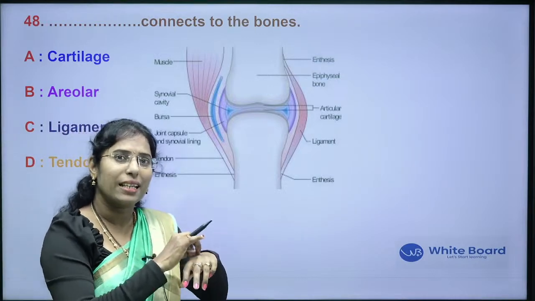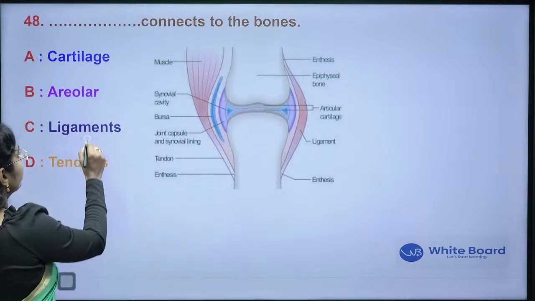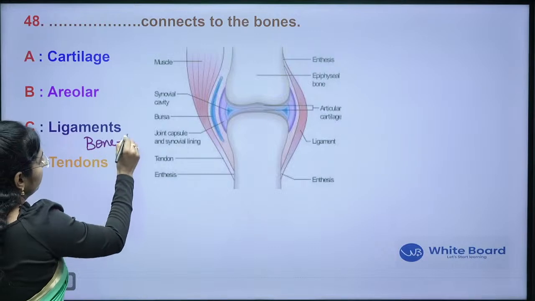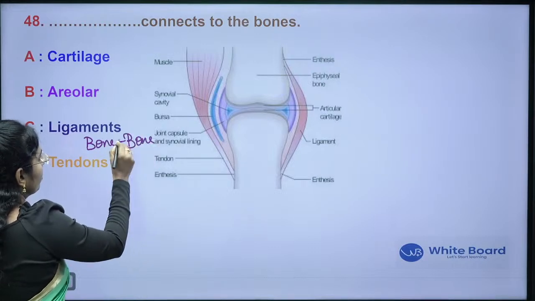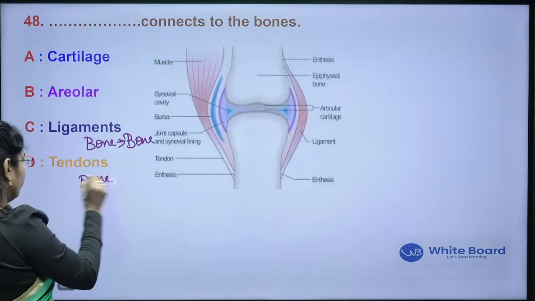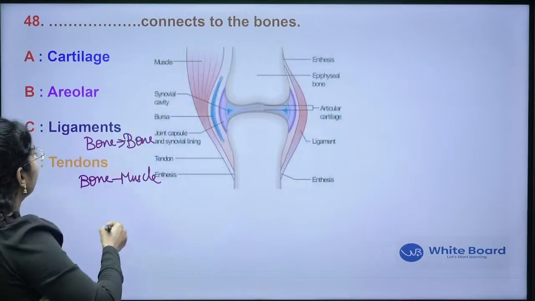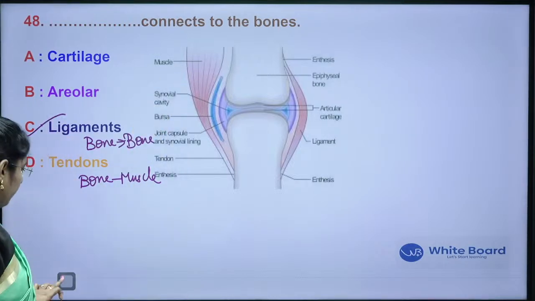Ligaments connect bone to bone, whereas tendons connect muscle to bone. So what is the correct answer here? Ligaments.